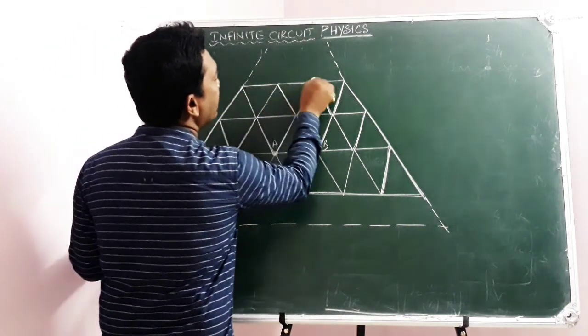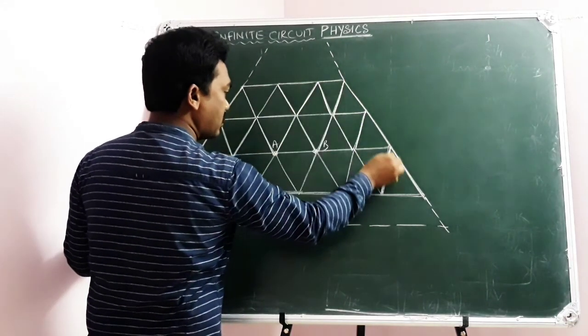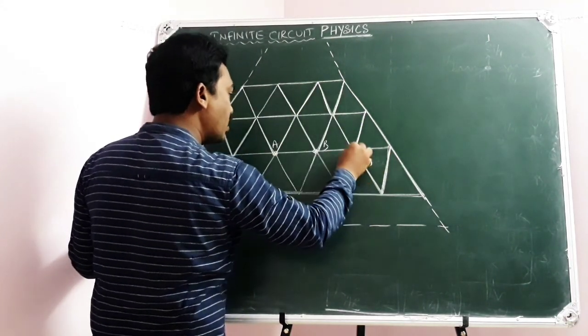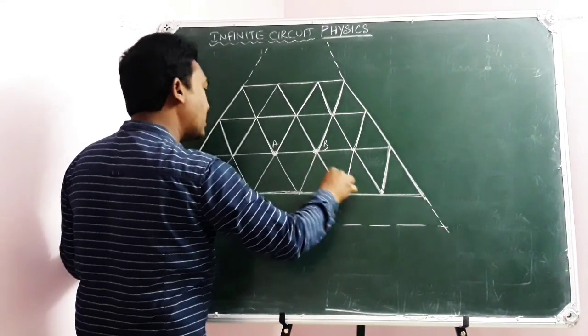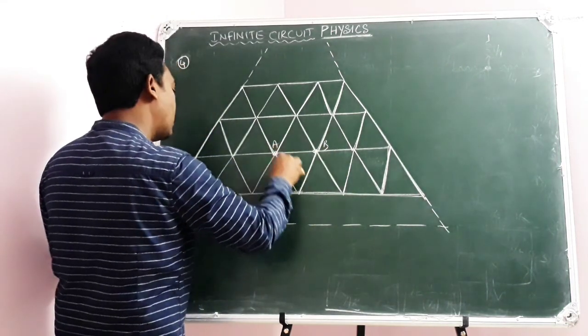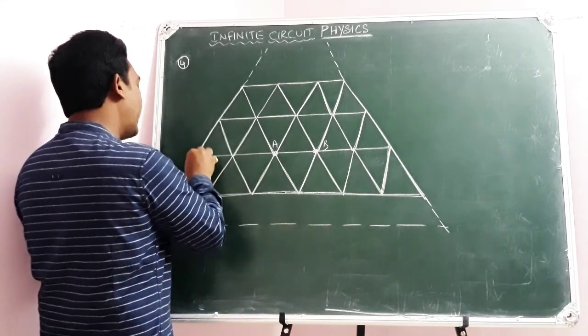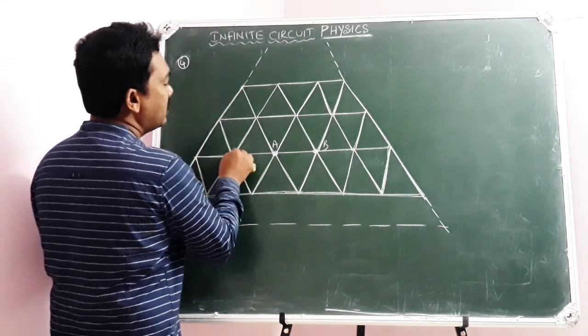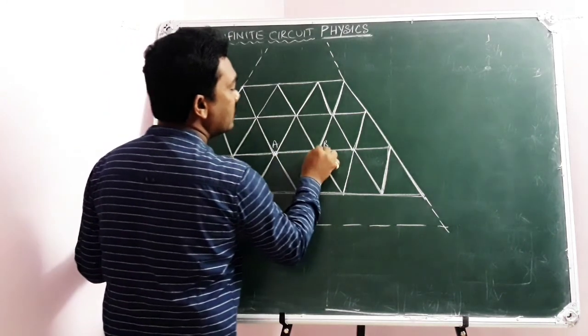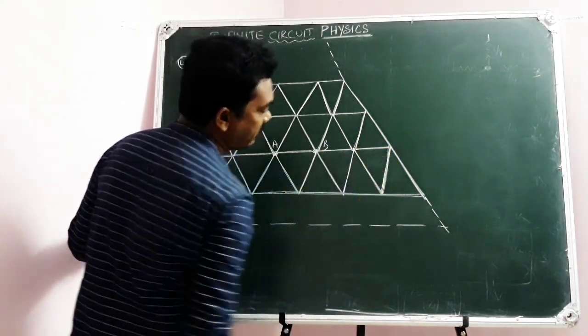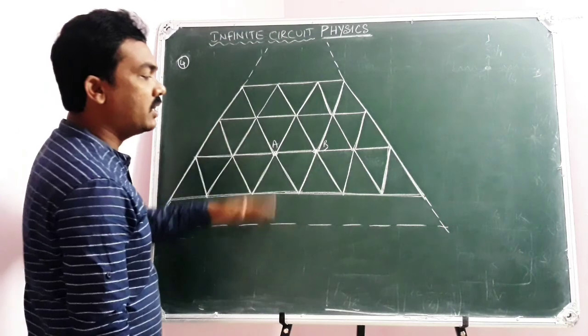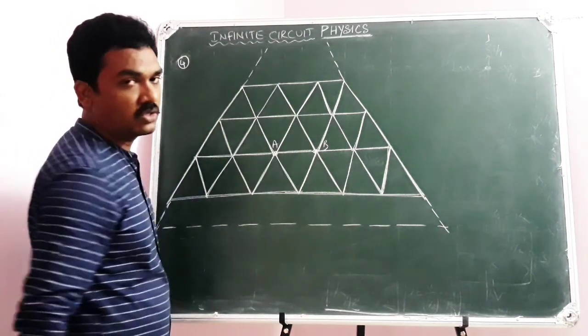Every line segment represents a resistor, or between any two vertices there is a resistance R. All are identical resistors. So between any two adjacent vertices there is a resistance whose value is R. In that way there are an infinite number of resistors.